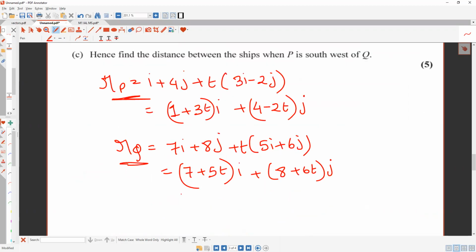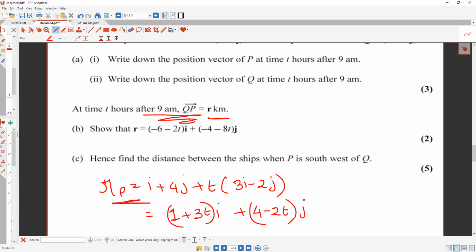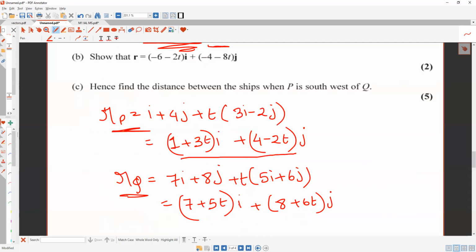This is your P value, this is your Q value. Subtract them. Just like we did B minus A earlier, exactly that. Do it. I'm counting on you guys now.